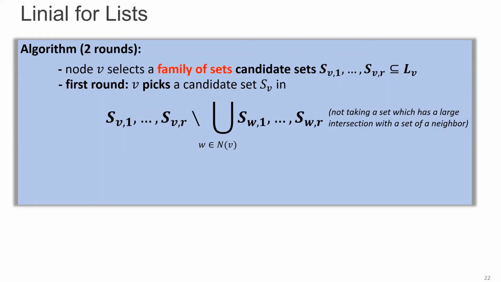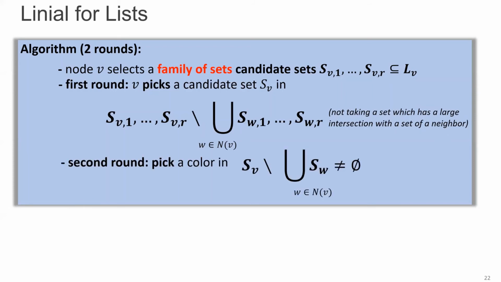So this is like a higher order of I pick a color which none of my neighbors has as a candidate color. So you need to define a higher order conflict relation here to make this work. And then in the second round, you just do the same as Linial does. You pick a candidate color, which is not a candidate color of any of your neighbors. So these 2 rounds are the whole algorithm.